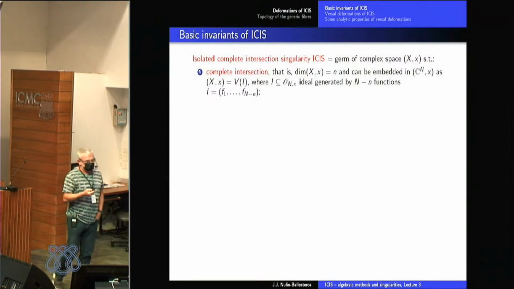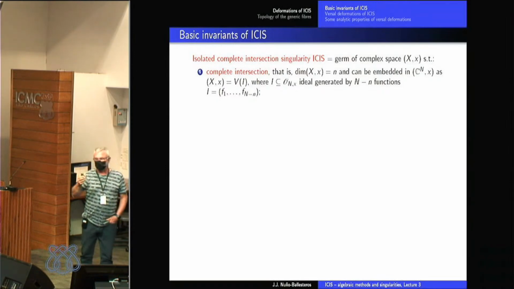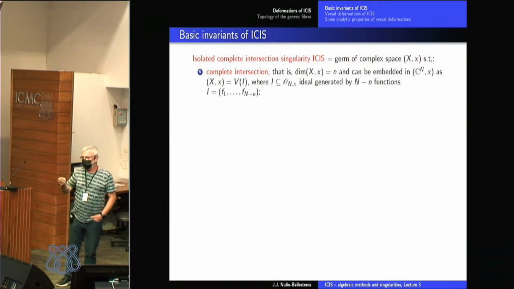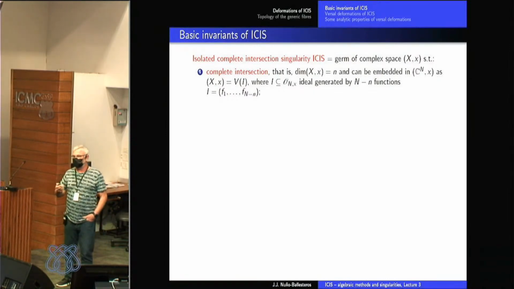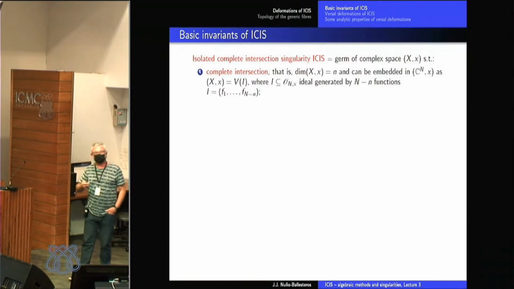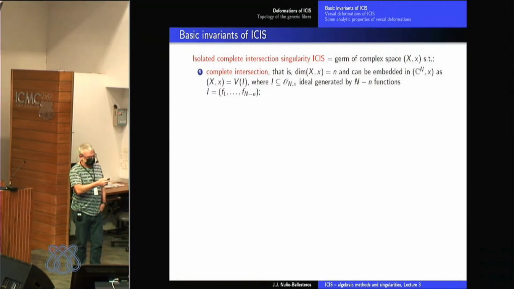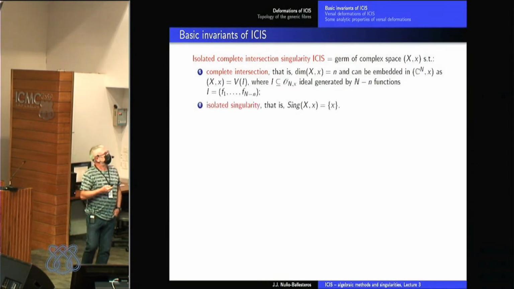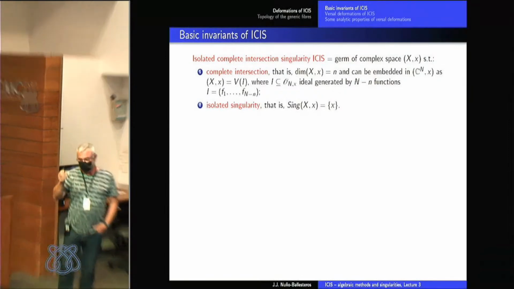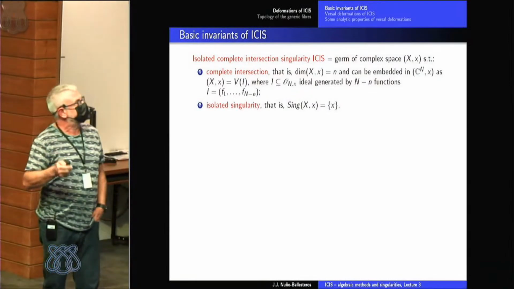Complete intersection means that the number of equations of the space is equal to the codimension. In the hypersurface case, this is always the case: you have only one equation. But in general, the minimal number of equations is not the codimension. When this happens, we say that it is a complete intersection. And it also has an isolated singularity. Isolated singularity means that the singular locus as a germ is only the point X.